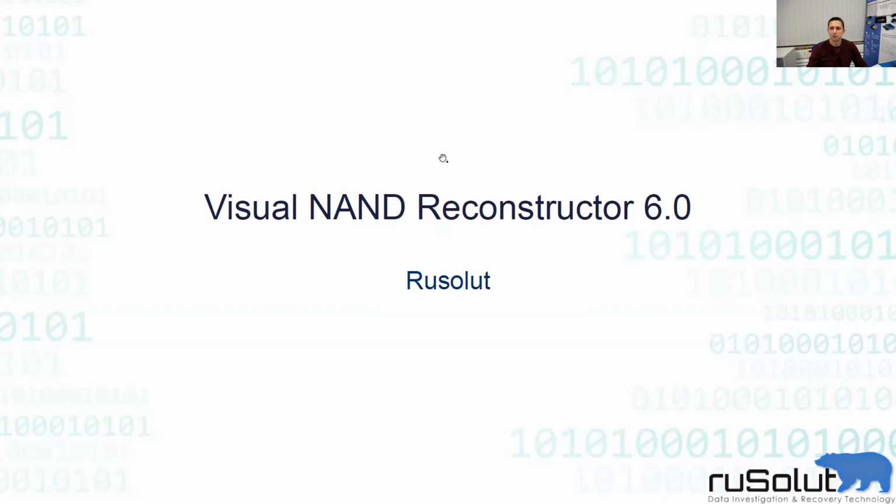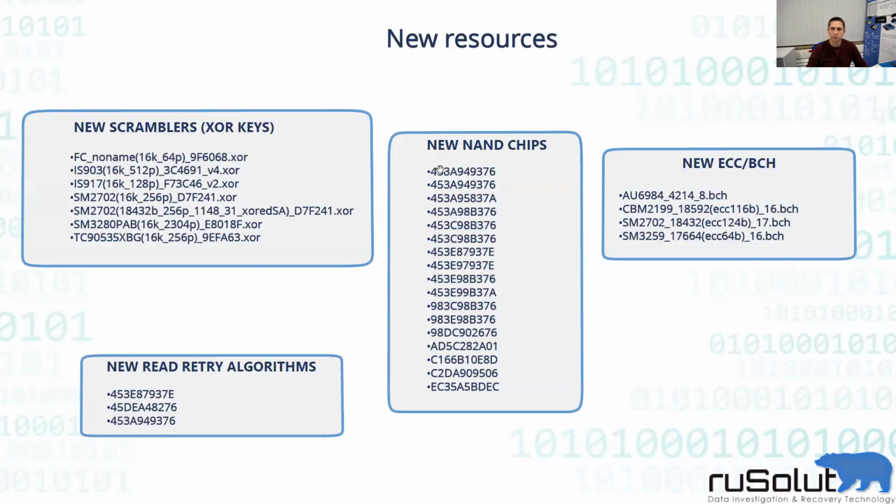So let's firstly have a look at the new resources, as we always add to the new updates. The list of these resources is not that big because the previous update, 5.1, was released just 1 or 2 months ago, but still we got something for you here.